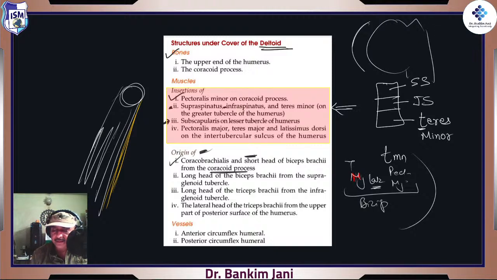This is a shallow cavity, because in the upper limb we require mobility, whereas in the lower limb we require stability. There is a tubercle above and a tubercle below. The upper one is called supraglenoid, and the lower one infraglenoid, correct?